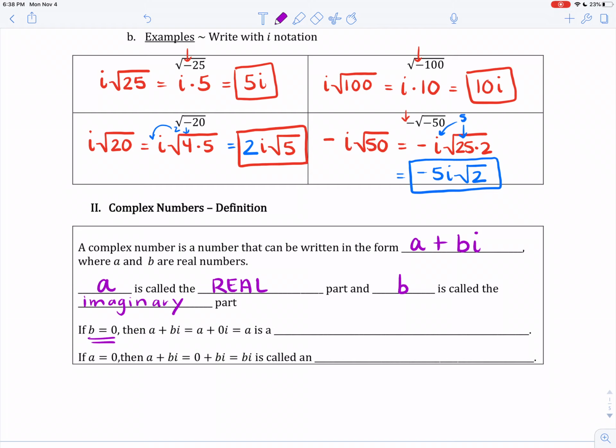And so in that case, what we would have is actually a real number. For example, if you had 2 plus 0i, well, that's just 2, which is a real number. If a is equal to 0, that means there's no real portion to the number. And so in that case, we would say what we have here is solely an imaginary number because it does not contain a real part.